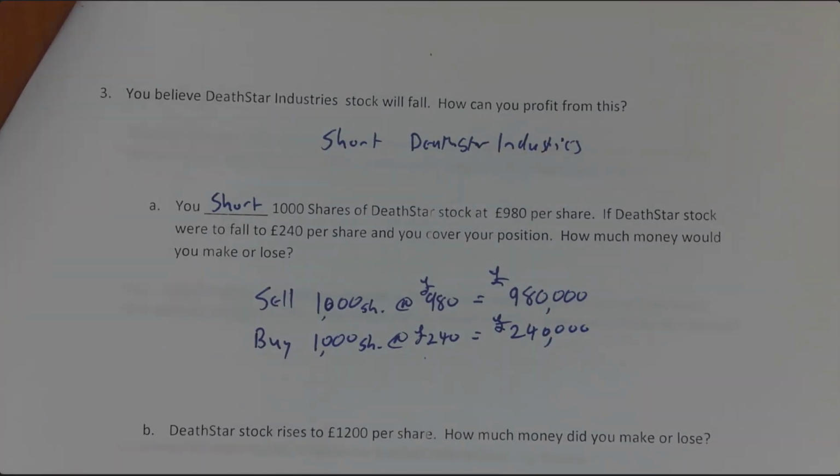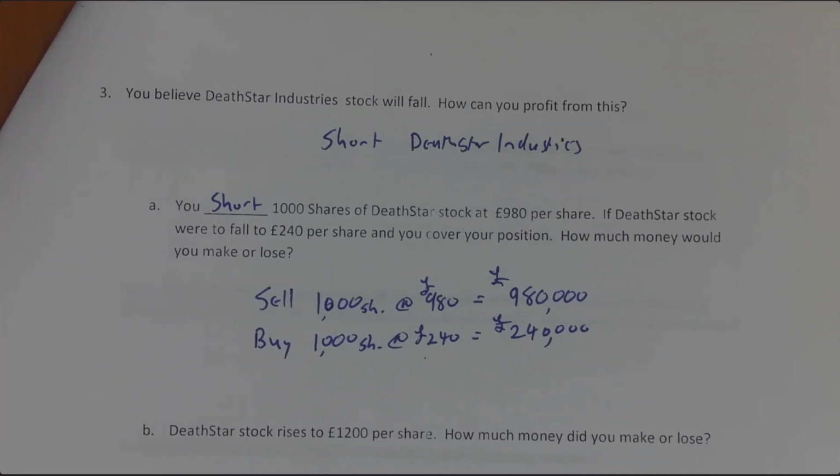What do we do with these shares when we buy them? We return them to the person we borrowed them from, and we've closed out our position. When we buy a stock, we close out our position by selling the stock. When we short a stock, we close out our position by covering, or buying back the shares at a lower price. Well, hopefully it's a lower price. If the price goes up, we've got other issues.